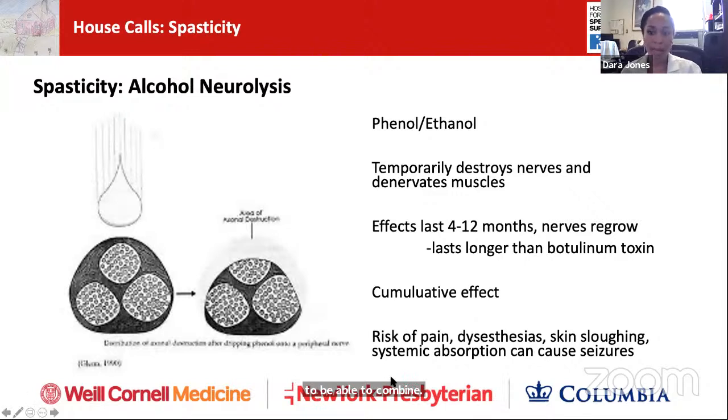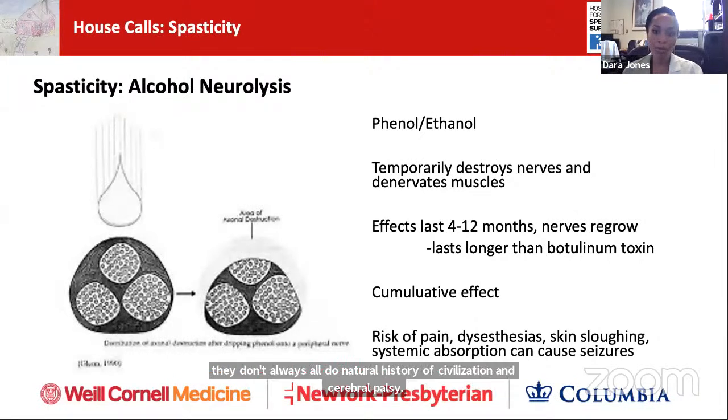Nerve blocks using alcohol are generally reserved for nerves that are more easily identified, such as the nerves that go to the hip, the inner thigh muscles, or the hip adductors. It's important to know that these treatments do help, but they don't always alter the natural history of subluxation in cerebral palsy.